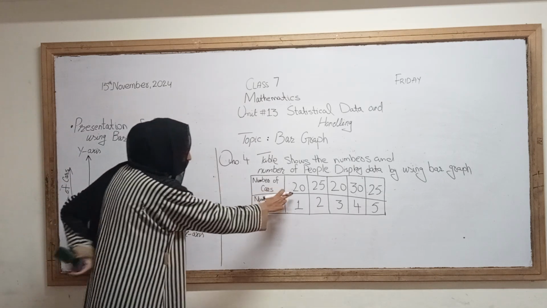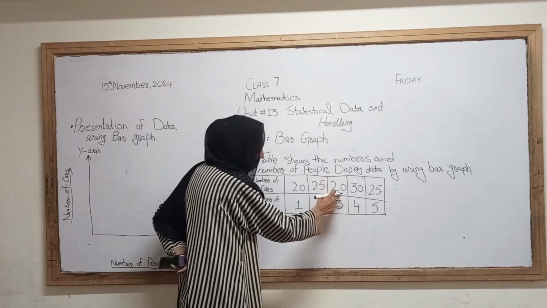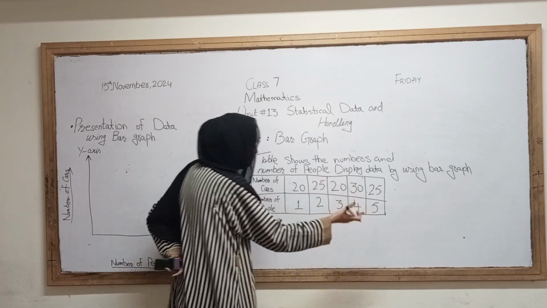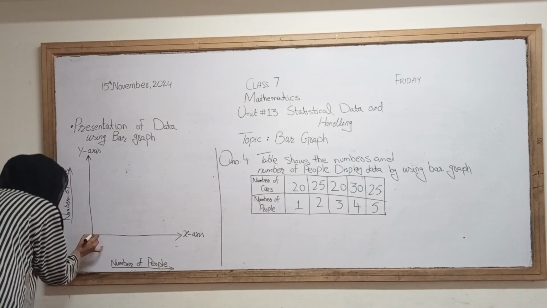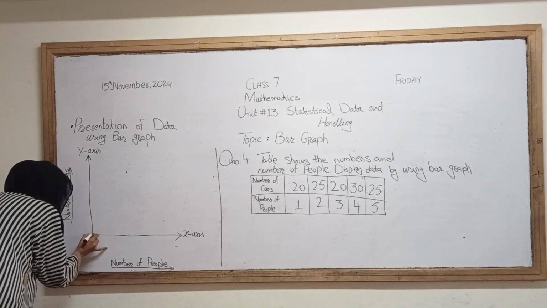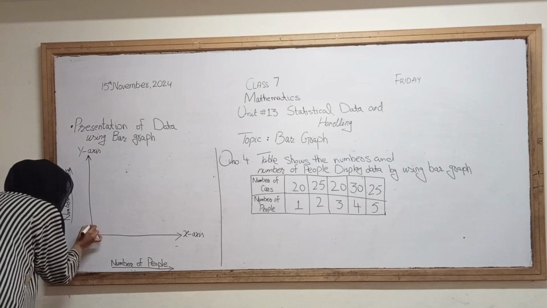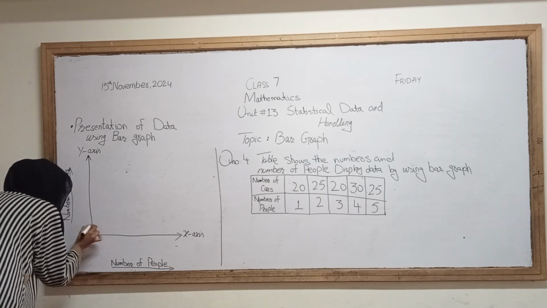For example, we have 20, 25, again 20, 30 and then 25 cars. So how will we select our scale? We may start it from 0 and adjust it by 5.